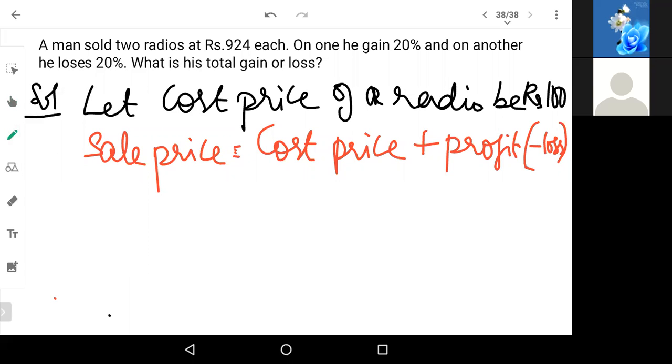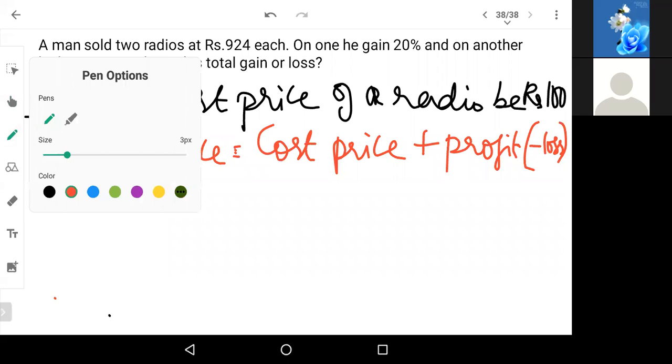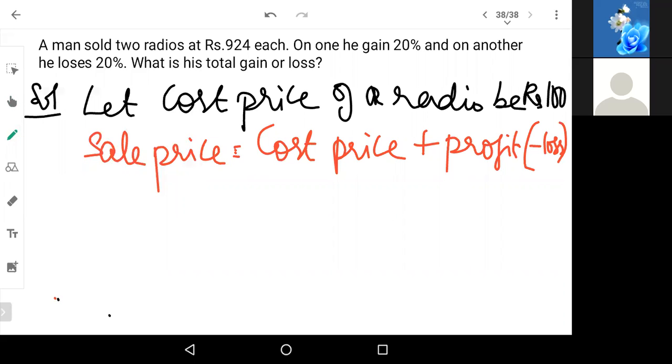Correct? Now we have to find out the total gain or loss. We know what the selling price is. Each radio was sold at 924 rupees. So the selling price will be 924 rupees.